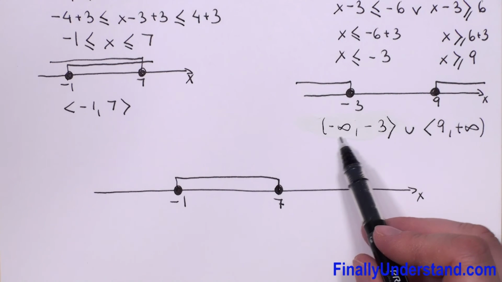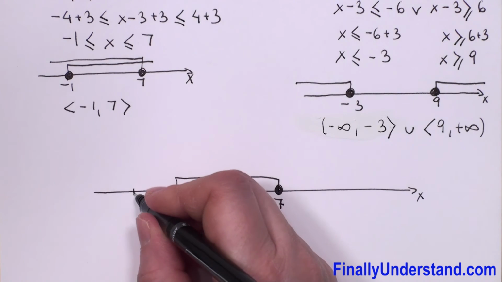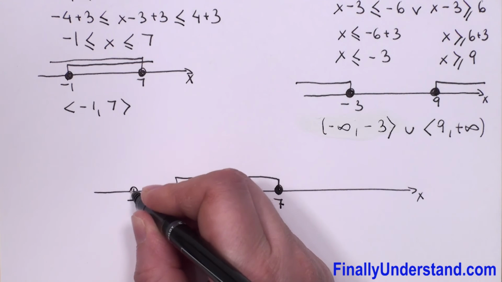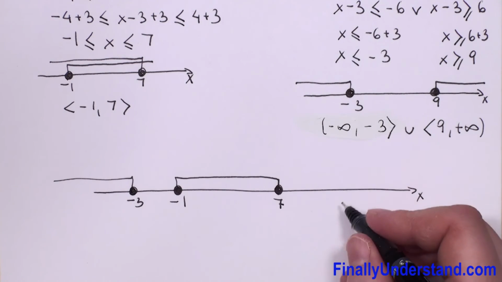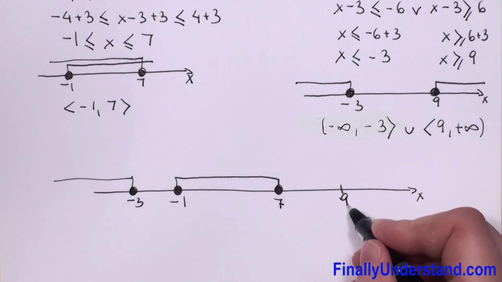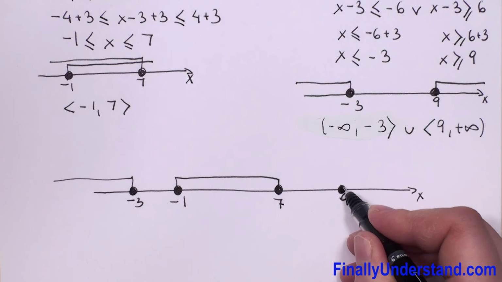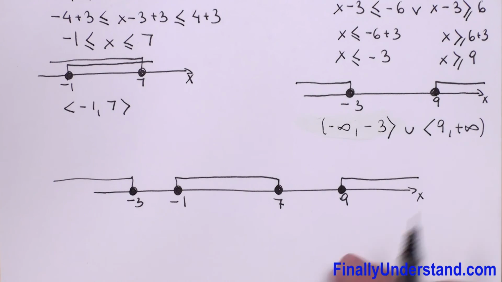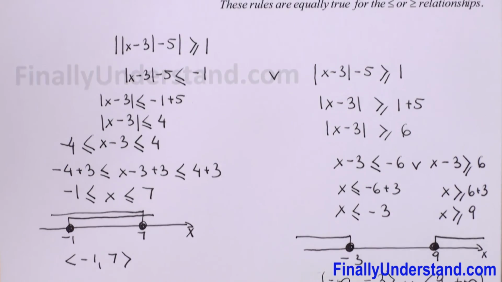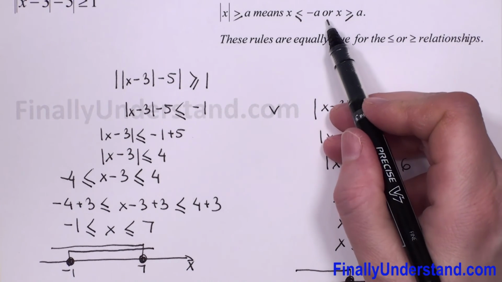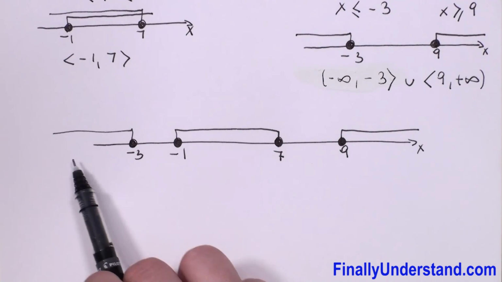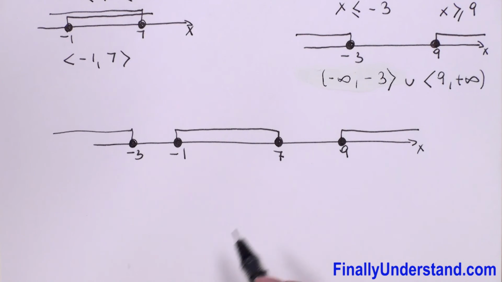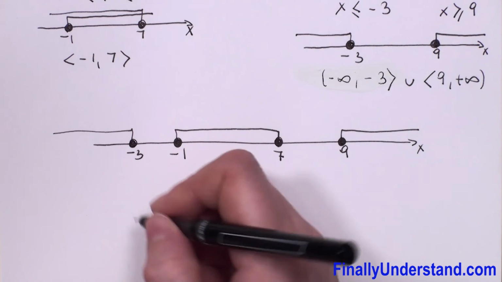And we have intervals from negative infinity to negative 3, closed on negative 3, and from 9, closed on 9, to positive infinity. Because we have the sign or, it means we have to take all three intervals for our solution.